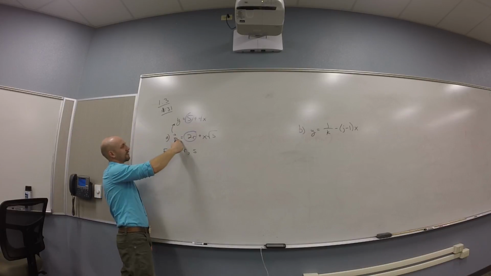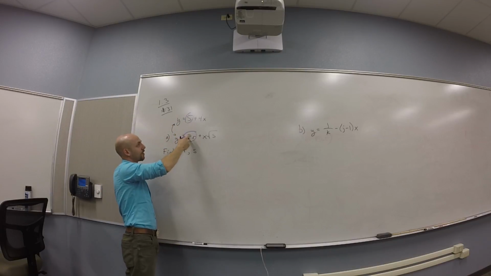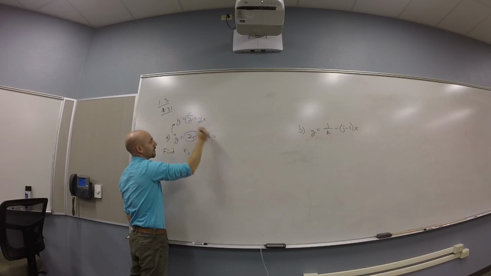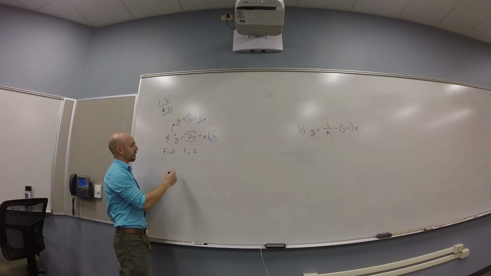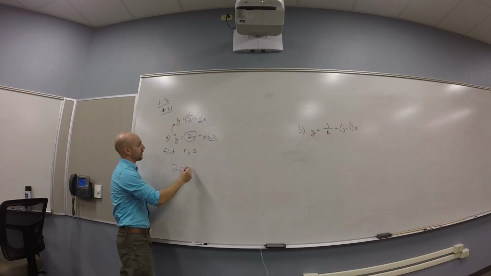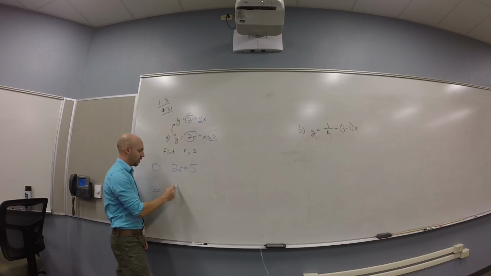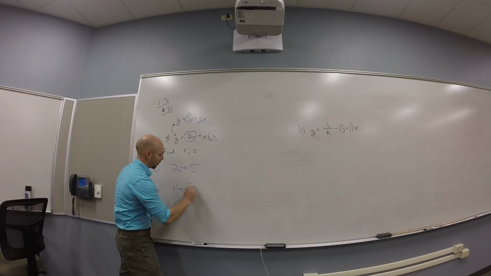If this stuff and that stuff are going to be the same, the y's check out, and the stuff without an x and the stuff with an x had better be the same. So I get two equations here. I get 2r is 5 out of the circles, and out of the underlines I get 4 is the square root of s.